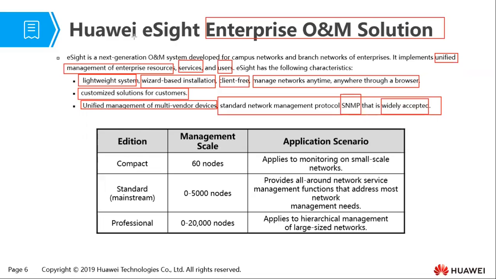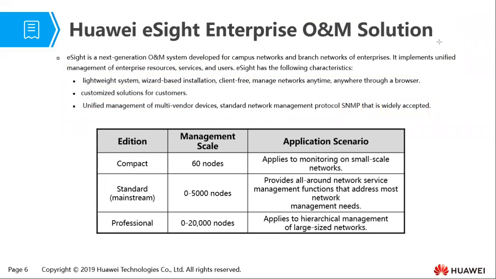Now, we have 3 versions of eSight, and they have certain characteristics. The very basic one is known as the compact edition. It can support a maximum of 60 nodes, so it can only be used on small scale networks.